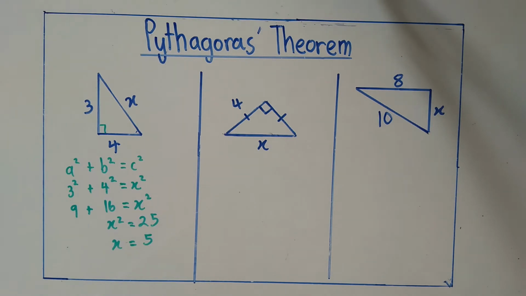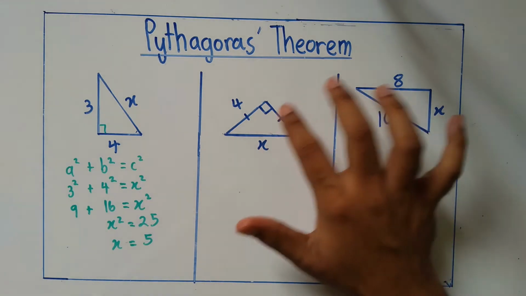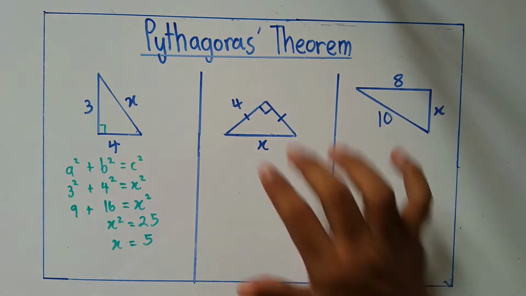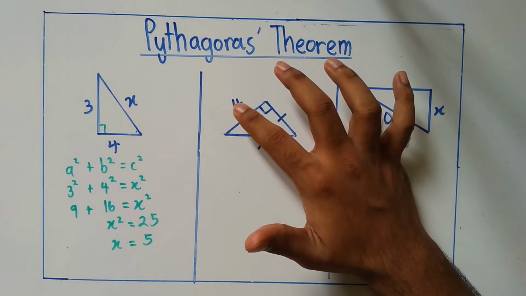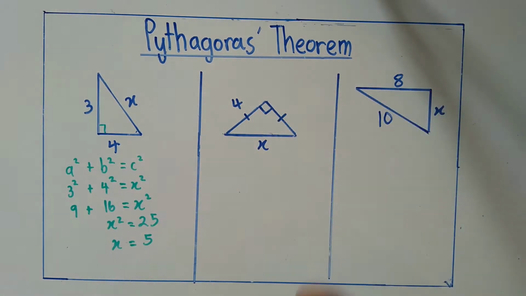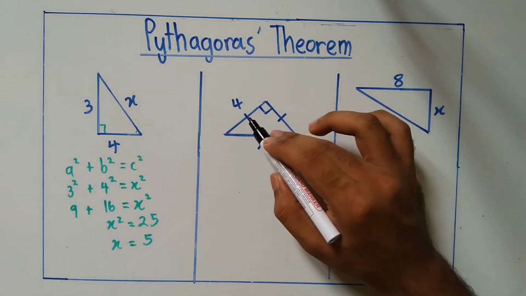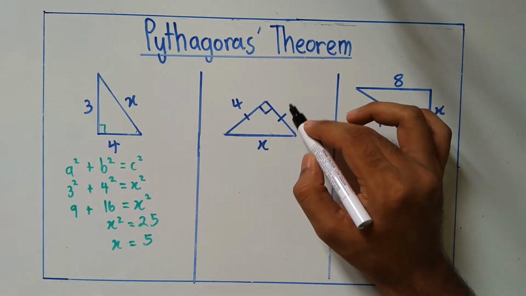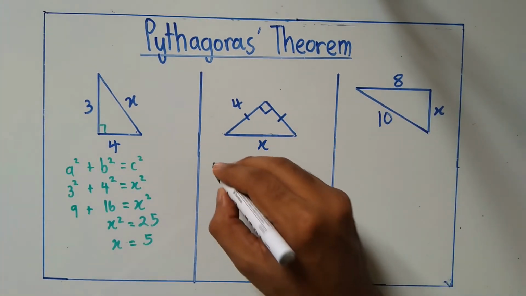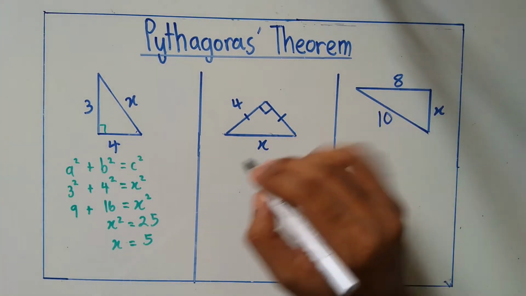In the second example, we have an isosceles triangle with a right angle at the top. Because it is an isosceles triangle, we have 4 here, and the side here is also 4. And we have to solve for x.